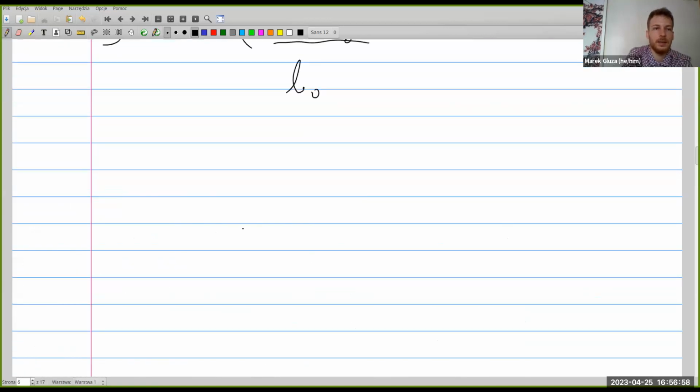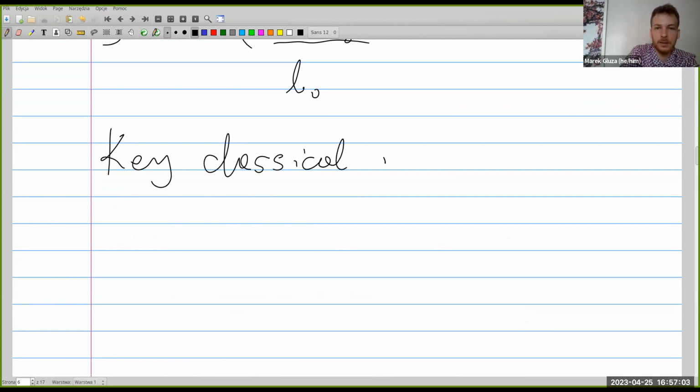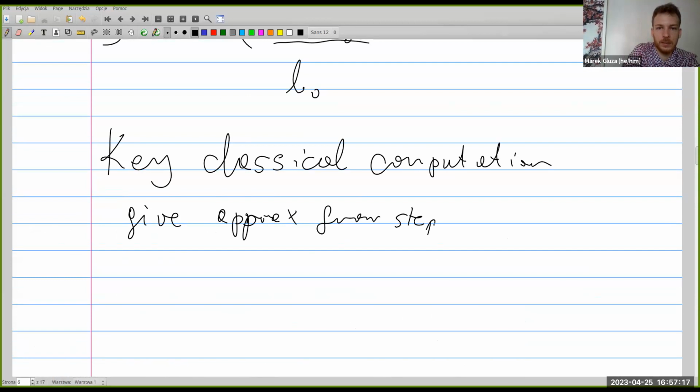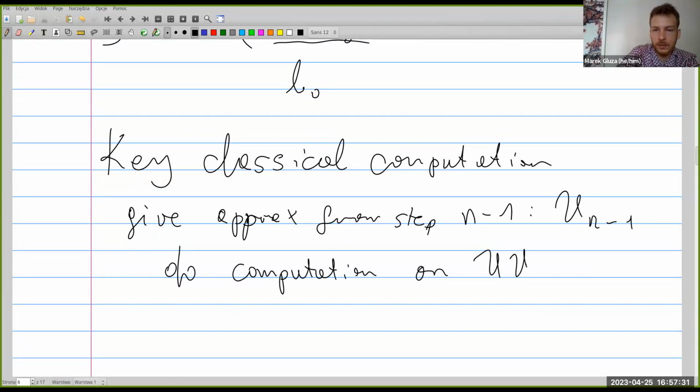So the key classical computation is: given approximation approx from step n minus 1, which is U_{n-1}, do a classical computation on U times U_{n-1} dagger, which should be approximately the identity.